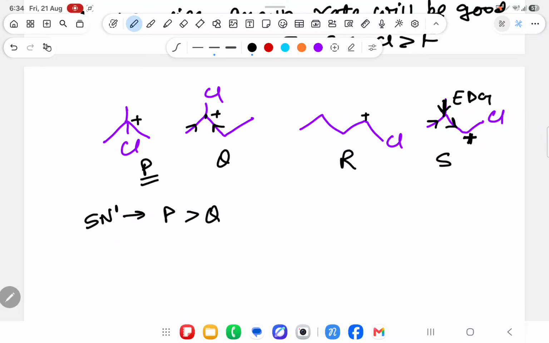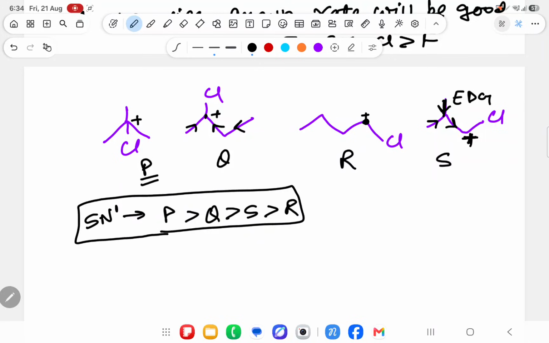So P, then Q. After that, S, then R, because R is only 1 degree. So over here 2 degree but only one side electron donating group, but over here on the 2 degree, two side electron donating groups. So P, then Q, then S, then R. Understood? The electron donating group you have to check very properly.